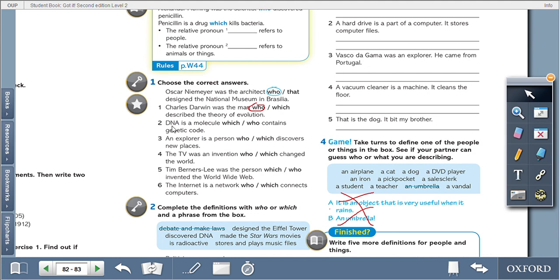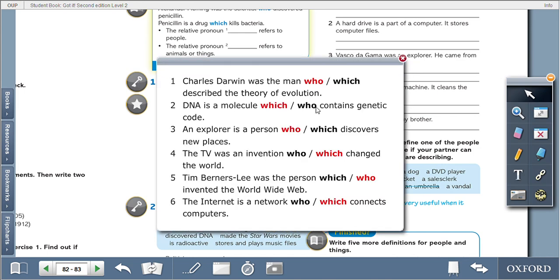Estamos hablando del DNA. O el ADN es una cosa, algo, no es una persona. Entonces, we're gonna choose which, right? So, here you have the keys for that activity.